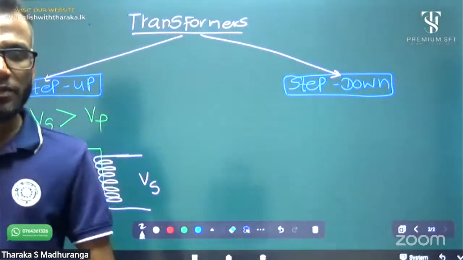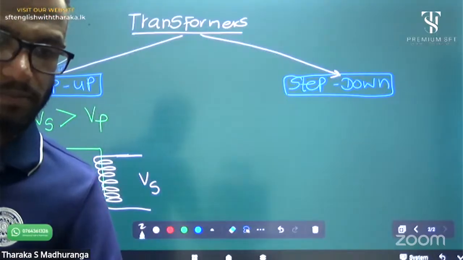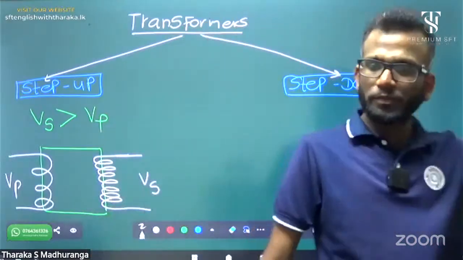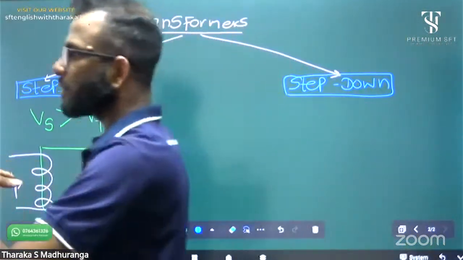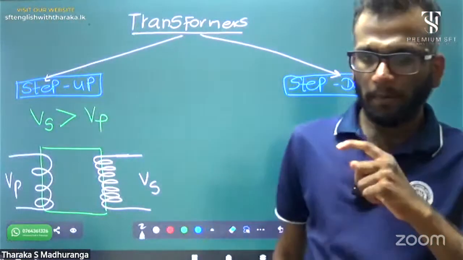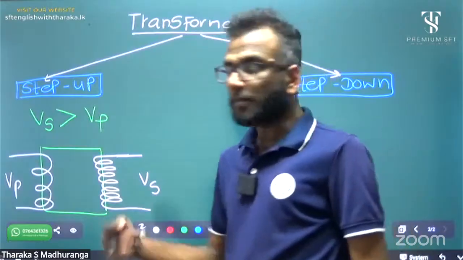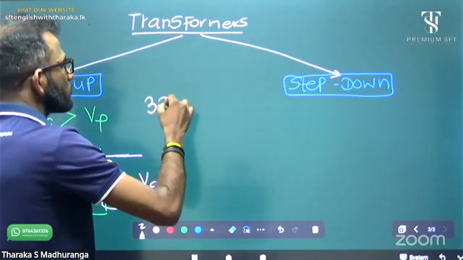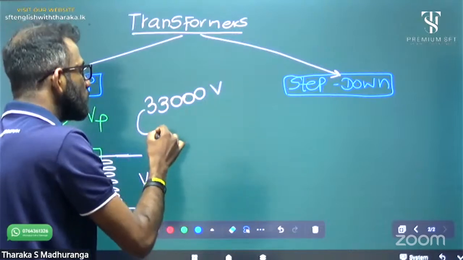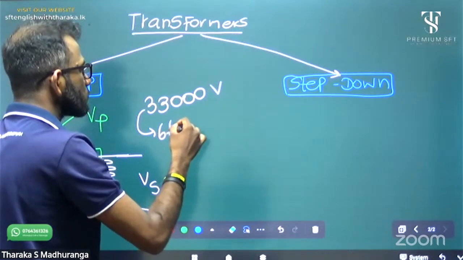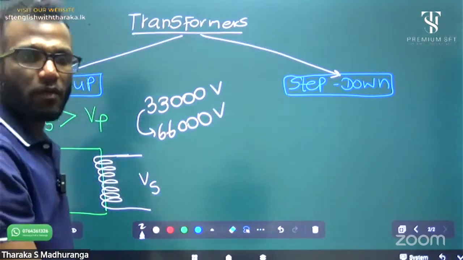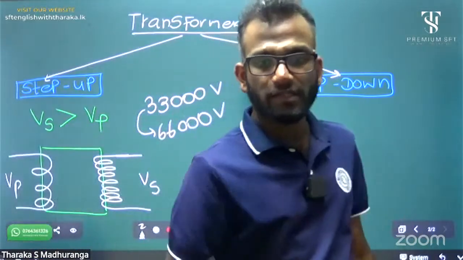How about the transmission voltage from a power generation plant? What's the transmission voltage? Sometimes it is 33,000 volts. Sometimes it's double, 66,000 volts. Okay, they are the transmission voltages.